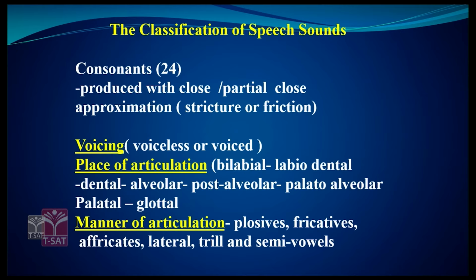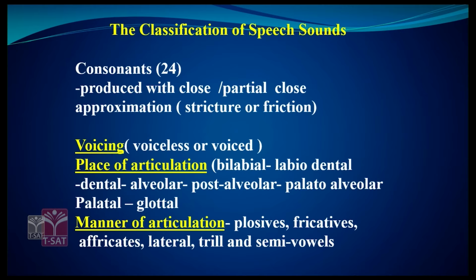So, the first level is voicing, whether the consonantal sound is voiceless or voiced, and place of articulation refers to the active articulators that are involved in the production of a particular consonantal sound. It could be bilabial, labiodental, dental, alveolar, post-alveolar, palato-alveolar, palatal, and glottal.